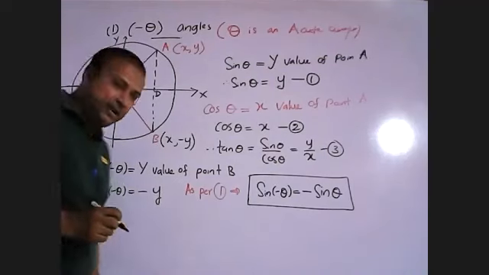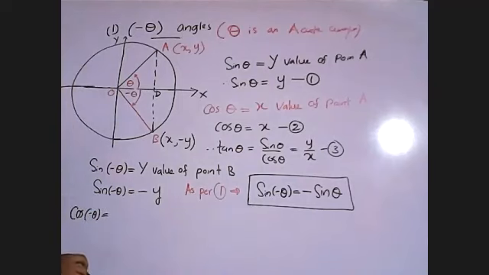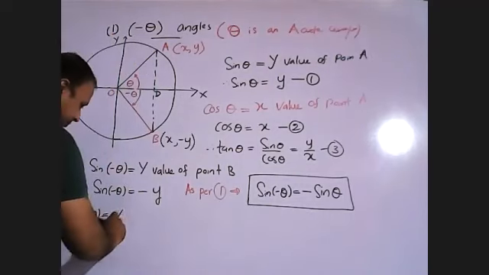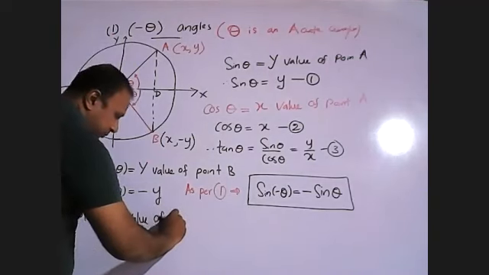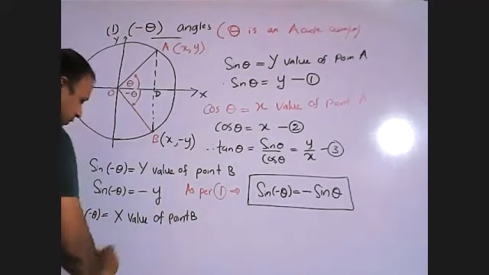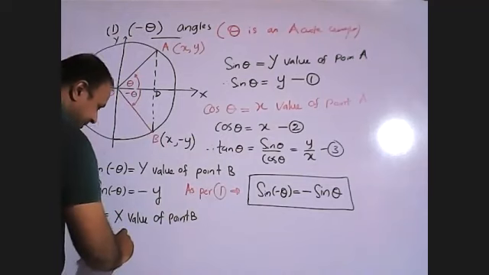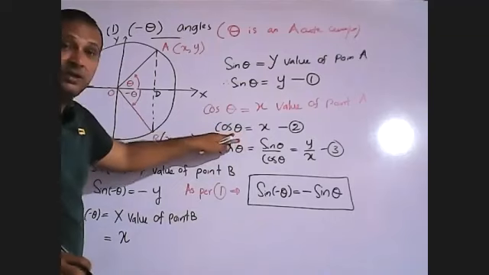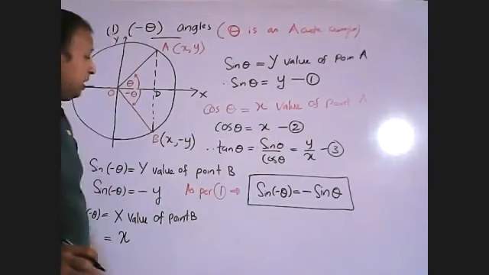Then cos minus theta. Cos minus theta is equal to the x value of point B. What is the x value of point B? It does not change. It is x. Look at this. X is equal to cos theta, according to the second equation.